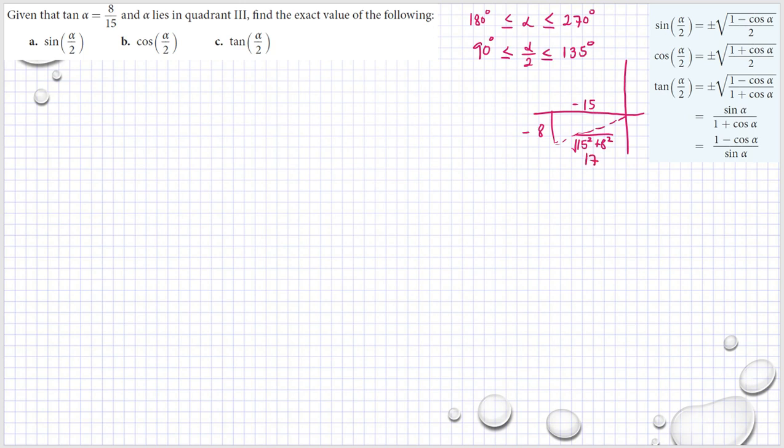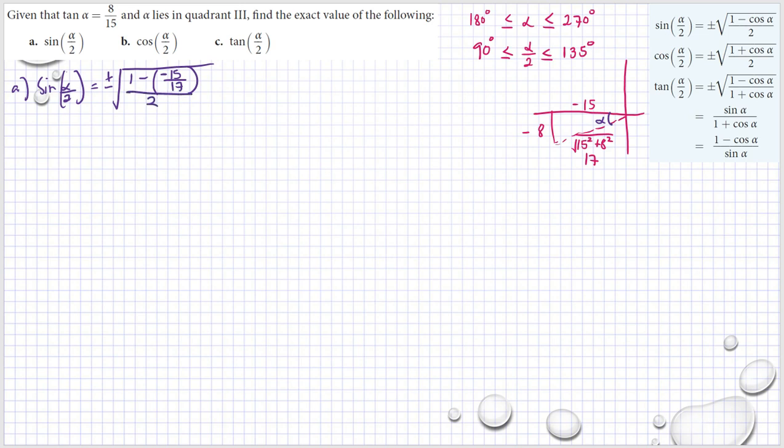Okay? Now, for A. For our A, we have sine alpha over 2 is equal to plus minus square root of 1 minus cosine alpha, divided by 2. If this is our alpha, our cosine is the adjacent side, that is negative 15 over 17.